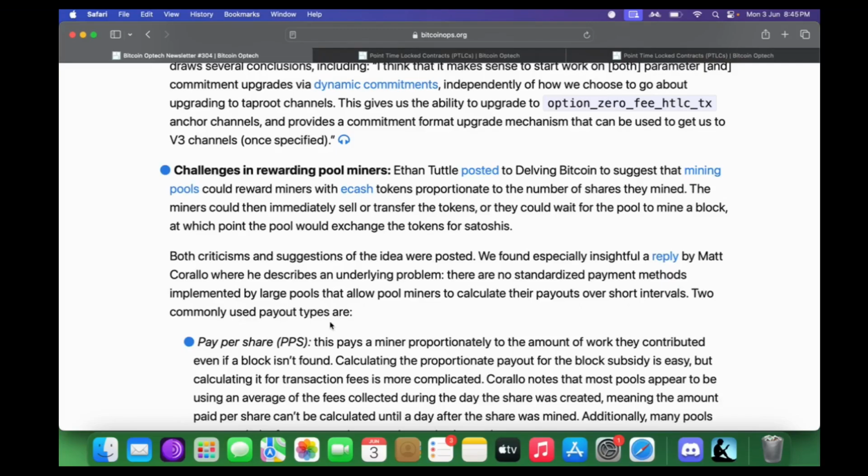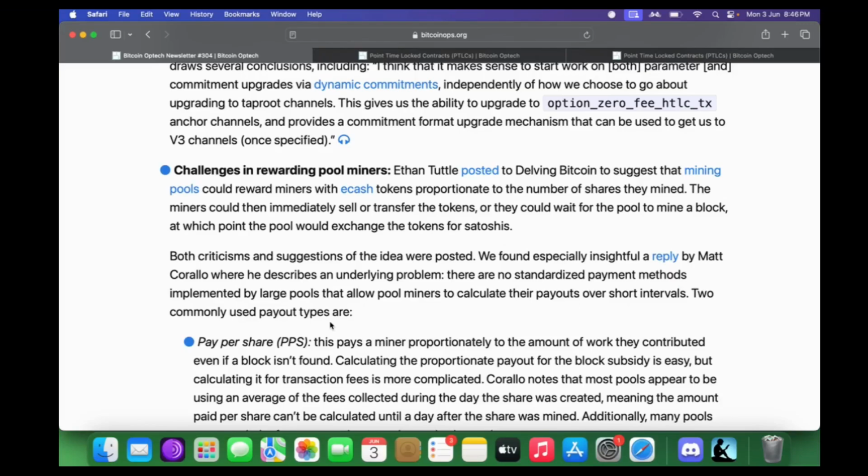There are atomic swaps between Cashew and sats on the Lightning network, or Cashew and the liquid BTC network. Or you can keep hold of those eCash tokens, and when your mining pool finally finds an entire block or you are eligible for a payout, then you can return those eCash tokens and redeem them for Bitcoin.